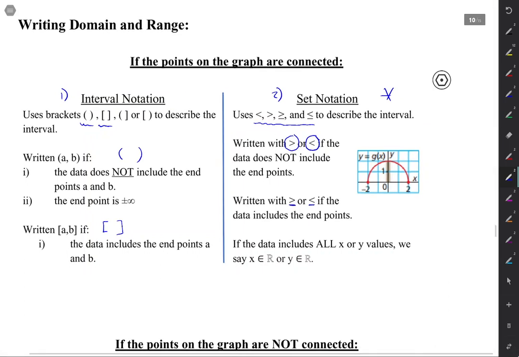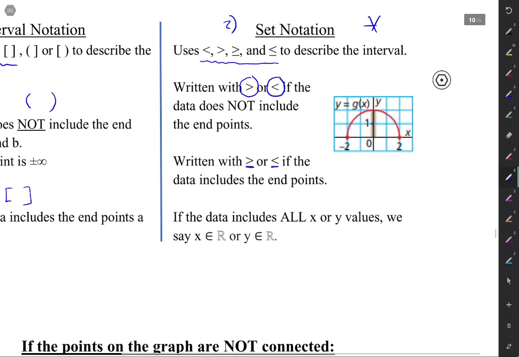We're also going to be introducing this new way of writing math here. So if the data includes all the x or y values, so if it goes from -infinity to +infinity, we say x is an element of the real numbers, or y is an element of the real numbers.